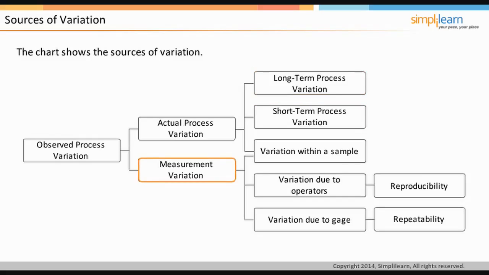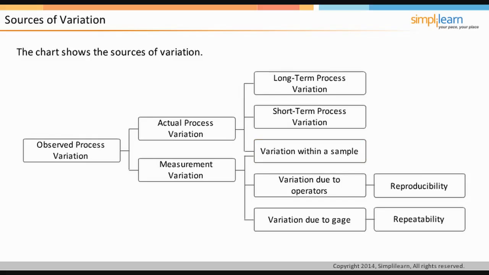Measurement variation can be divided into variations caused by operators and variations due to the gauge. The variation due to operators is owing to reproducibility. Variation due to gauge is owing to repeatability. Both actual process variation and measurement variation have a common factor, that is, variation within a sample.